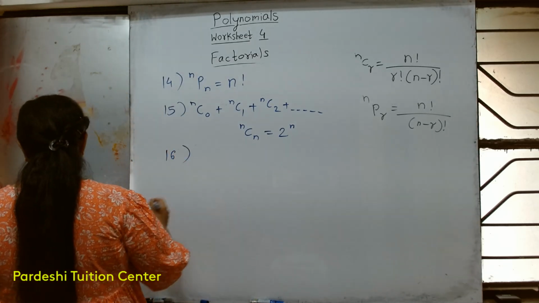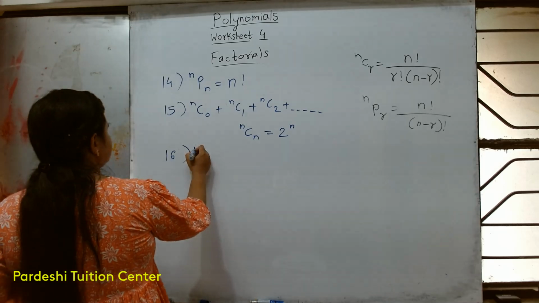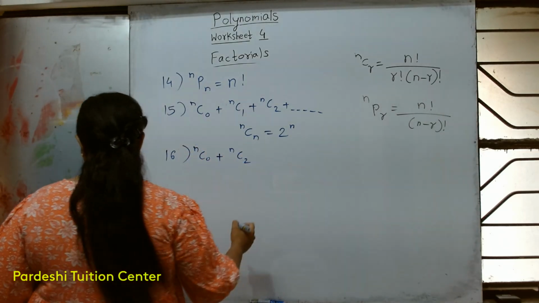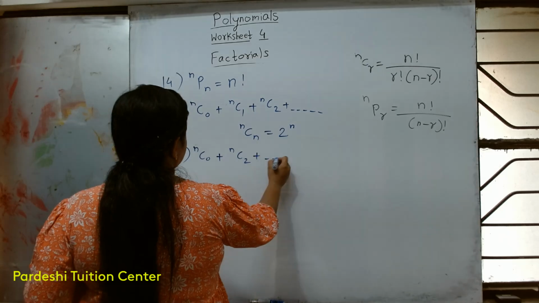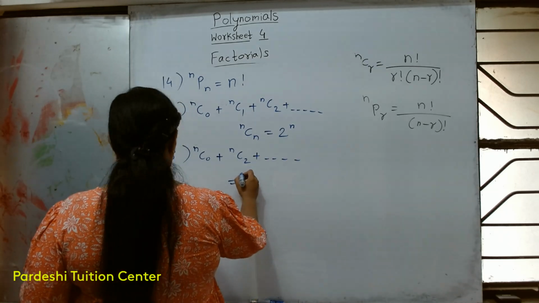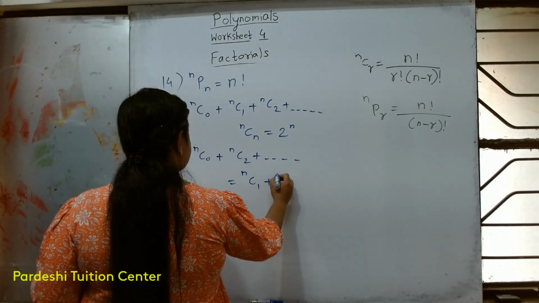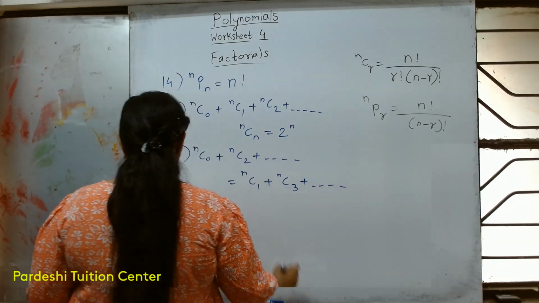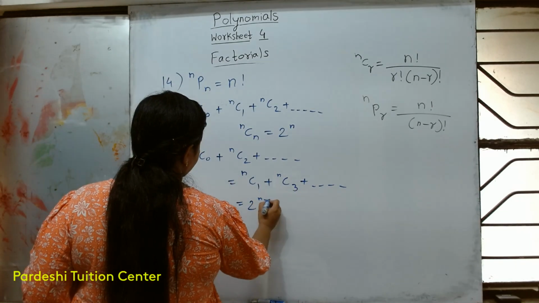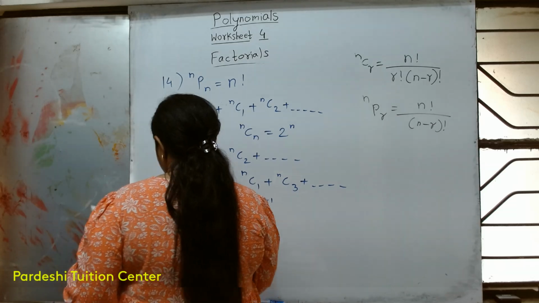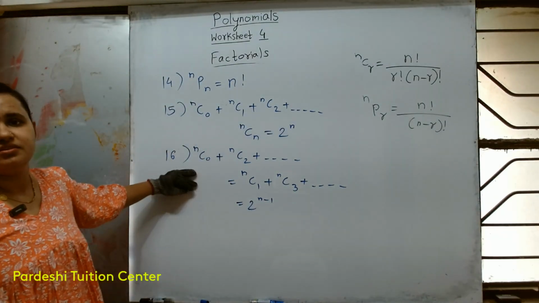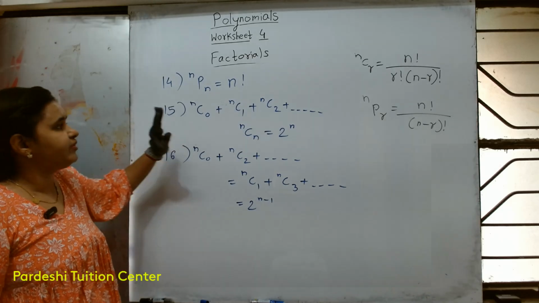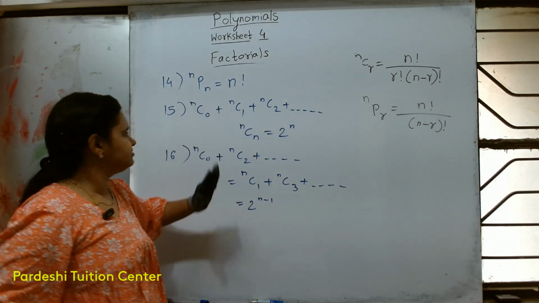Now again the 16th: nC0 plus nC2 plus and so on equals nC1 plus nC3 plus and so on, which equals 2 raised to n minus 1. It is also important. The formulas which are coming in the worksheet we will revise again.